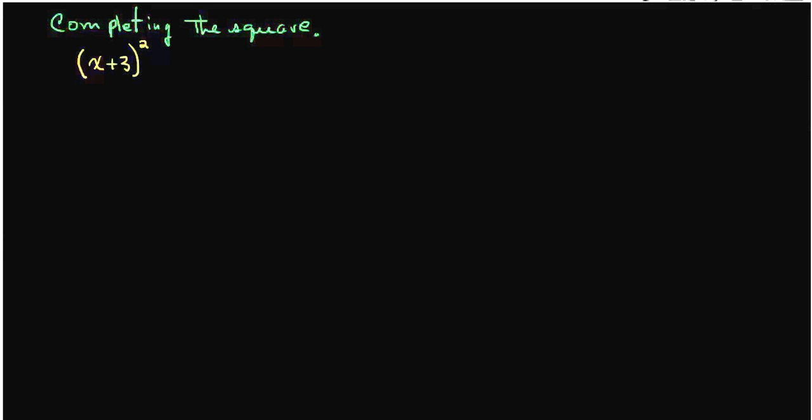This is considered a perfect square because if I multiply two things together, like x plus 3 times x plus 3, this gives me x plus 3 to the second.